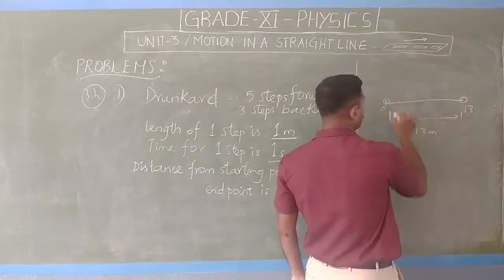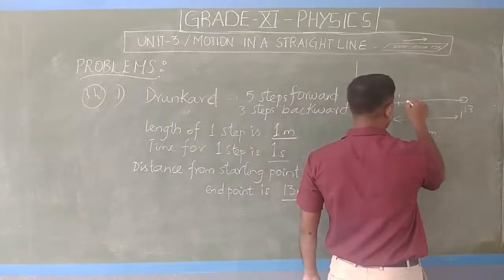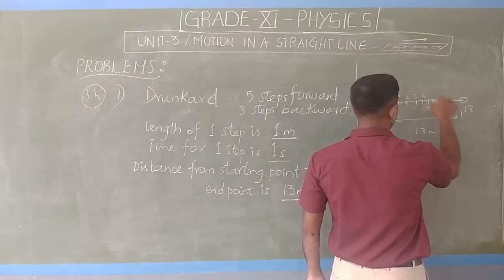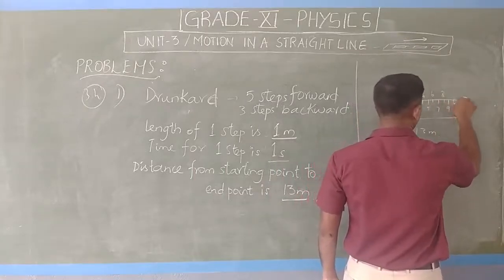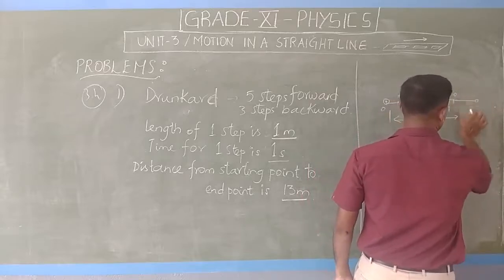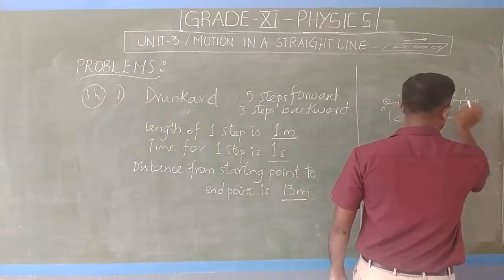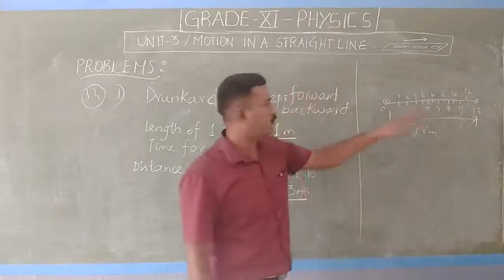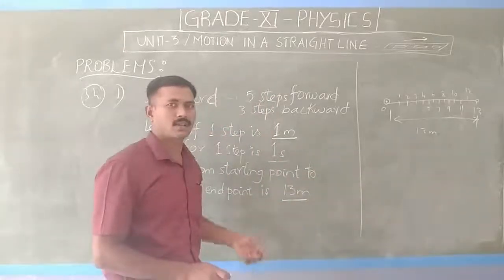The drunkard starts from here: 1, 2, 3, 4, 5, 6, 7, 8, 9, 10, 11, 12, 13. So much distance it has to travel. How it travels is as given in the question.